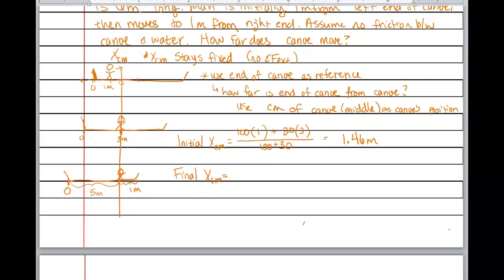Final center of mass, so now we have our 100 kilogram person, and he's 5 meters from the left end. The canoe is still 3 meters, so the center of the canoe is still 3 meters from its end. That's not going to change. The only thing that changed is the person.